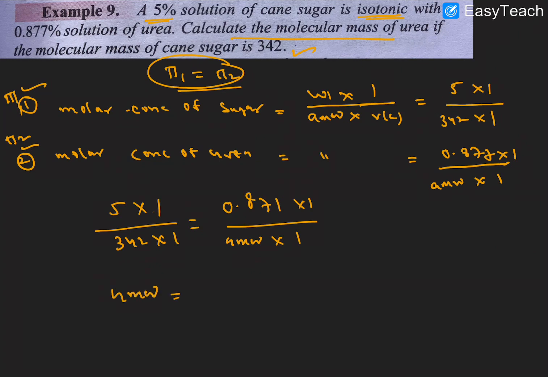So the gram molecular weight, we will get nearly 59.98, equal to nearly 60. So we know that the gram molecular weight of urea is 60. I hope it is clear. This is one more model question.